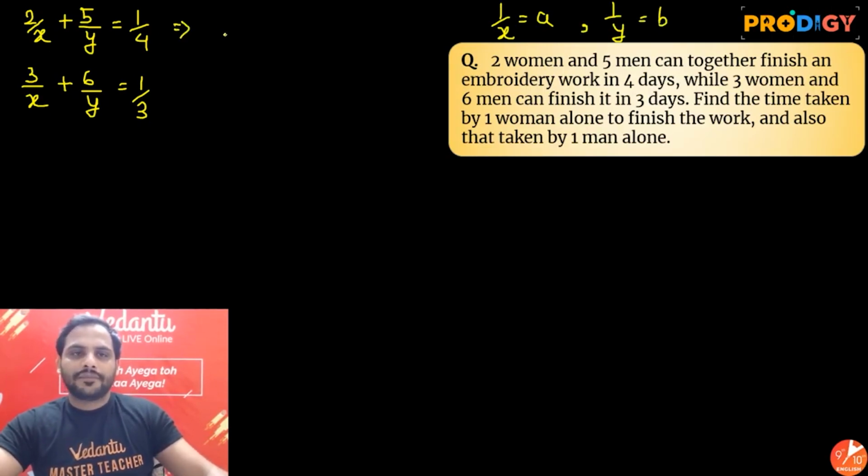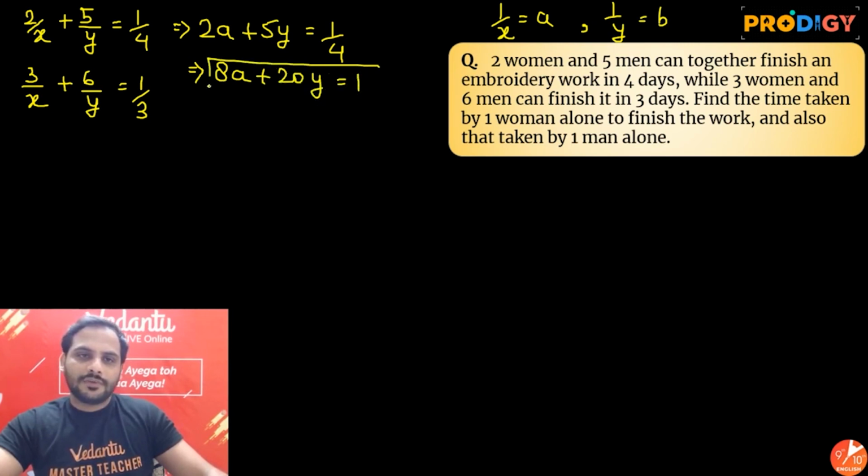So it becomes 2a plus 5b is equal to 1 by 4. If you shift this 4 over here, 4 2s are 8a plus 4 5s are 20b is equal to 1. This is my first equation.